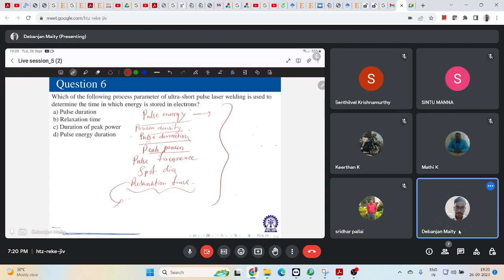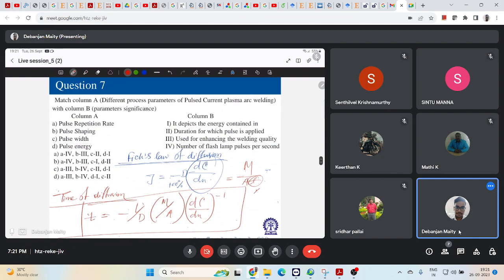So here the energy is getting stored, and then it will be released as heat after the relaxation time is over. Okay.